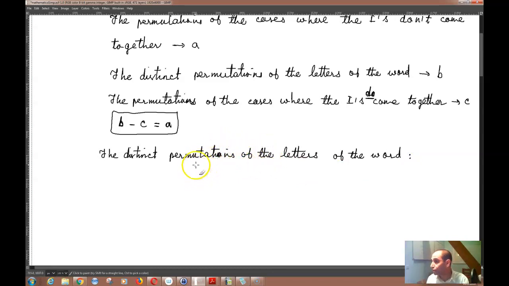So the word is Mississippi, right? So that's the word that I have. In total, I have 1, 2, 3, 4, 5, 6, 7, 8, 9, 10, and 11 letters.